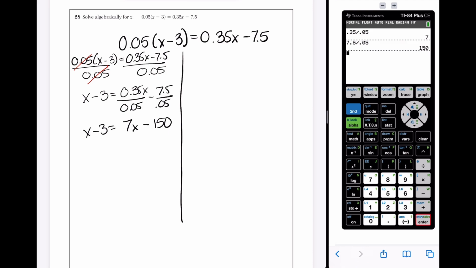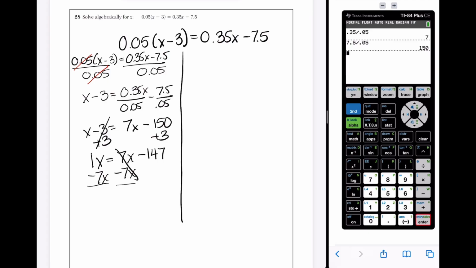And now I can just solve for x. In this case, which one do I want to do? Let's add 3 to both sides. That tends to be my default, is to add. This is 147 and subtract 7x on both sides. So 1x minus 7x.